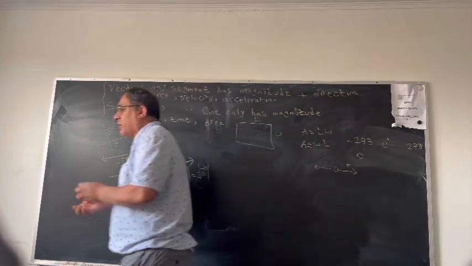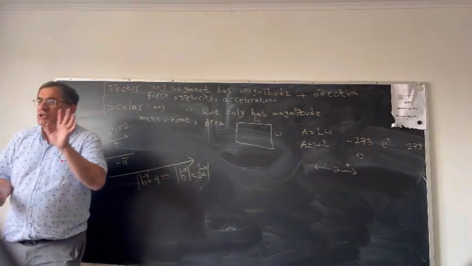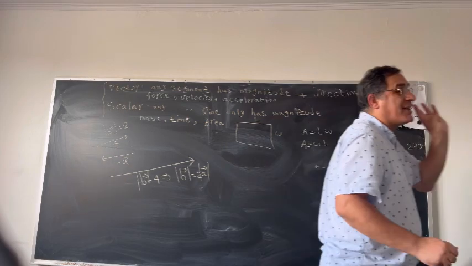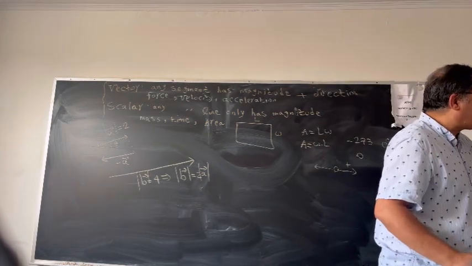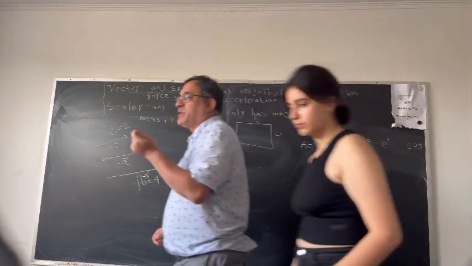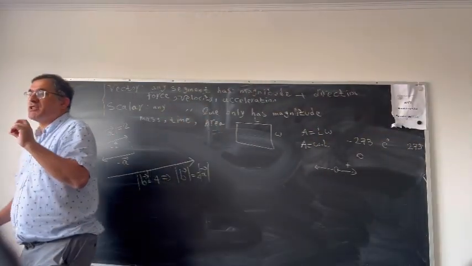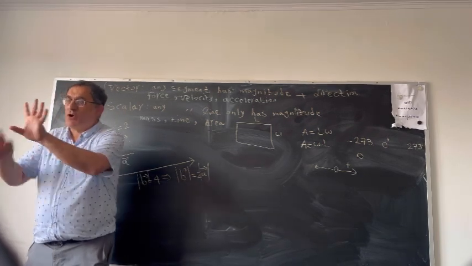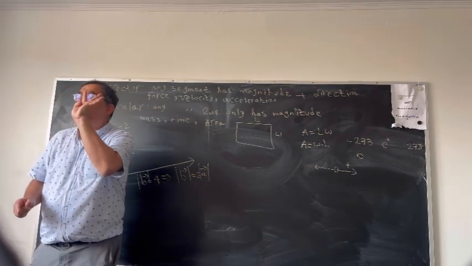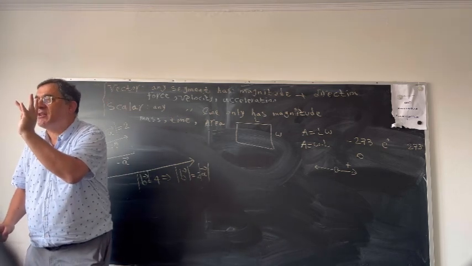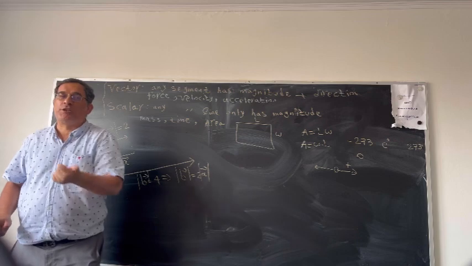Okay. Now, for vectors, you can do 3 operations: addition, subtraction, and multiplication. Multiplication can be in 2 different formats. We don't have division.